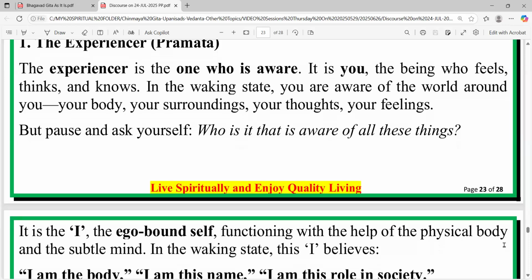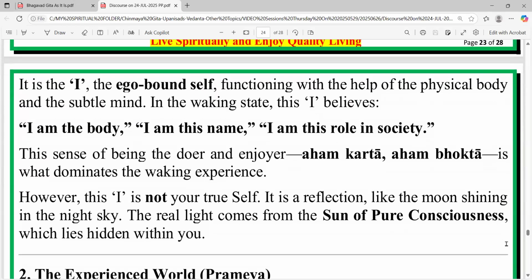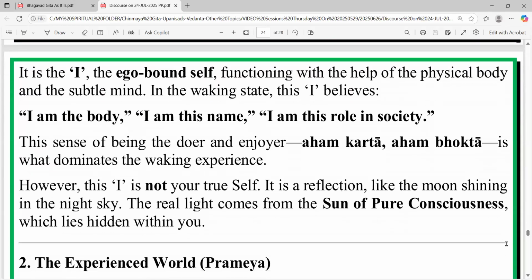It is the I, the ego bound self, functioning with the help of the physical body and the subtle mind. In the waking state, this I believes I am the body. I am this name. I am this role in society.